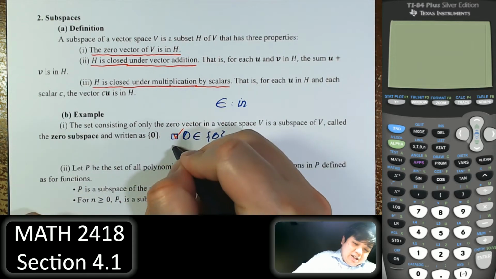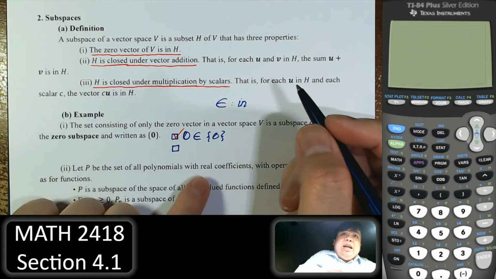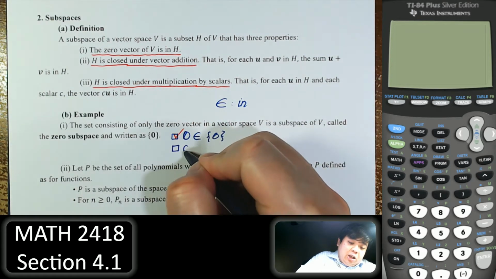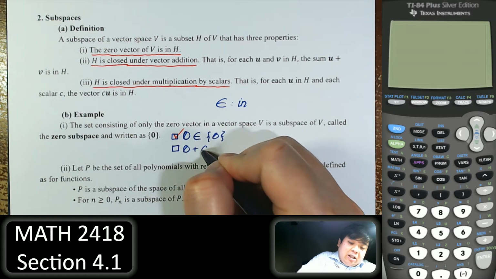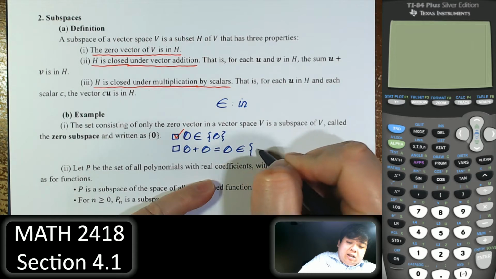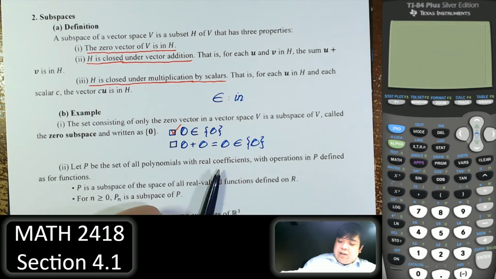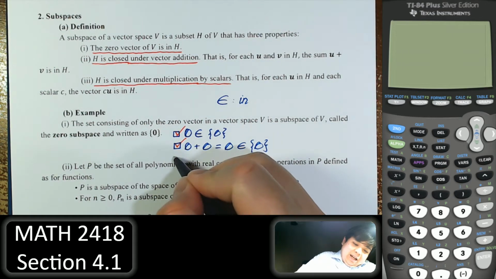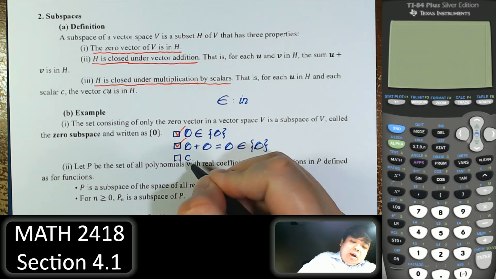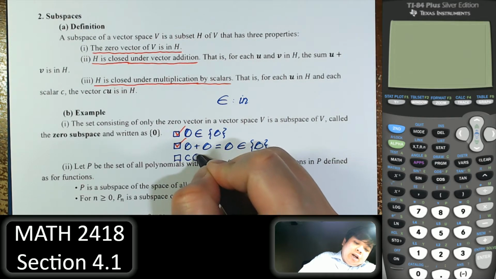And then next, if you take an element of the set, add it to an element in the set, do we still have an element in the set? And the answer is yes, that is still in the set. And then the third one, we take a real number multiplied by an element of this set.